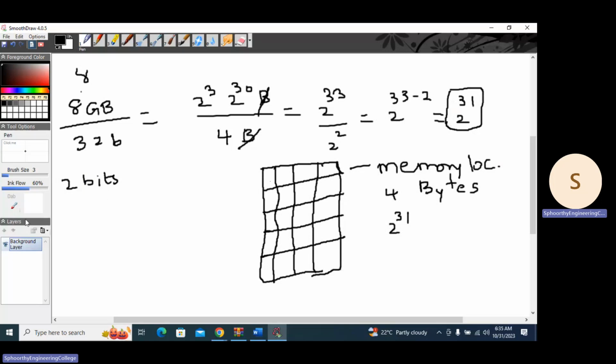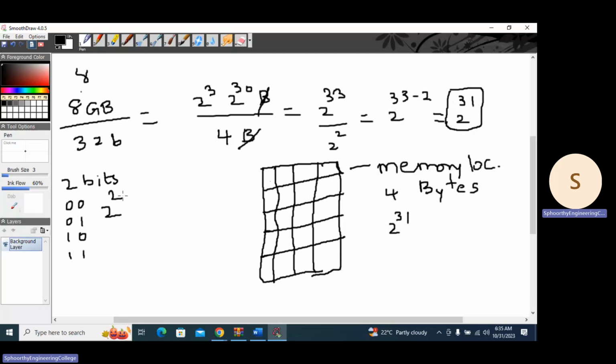With 2 bits, how many different binary combinations will I get? 4 different combinations: 00, 01, 10, 11. Each binary combination can be used as one memory address. So with 2 bits, only 4 memory locations can be addressed.